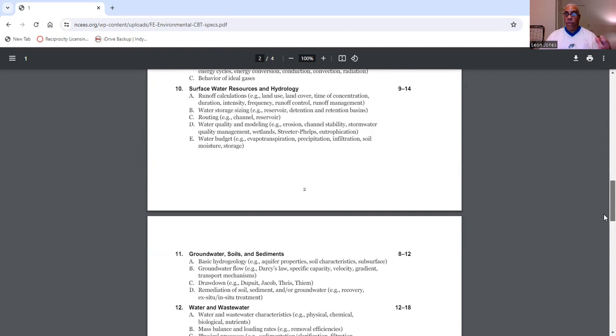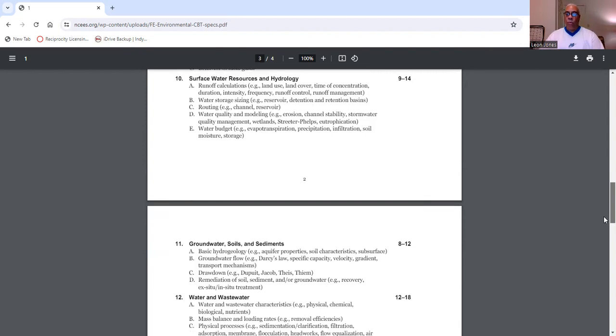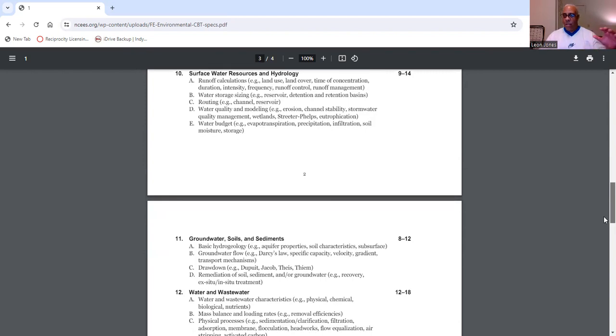Now, the pass rate for the FE examination in 2024, I saw from the Miami Herald, it was right around 66%. So if you understand this, it's gotten a little harder. And NCEES is going to have to do something about that. I mean, you want people to pass the exam, don't make it to where people can't pass it.